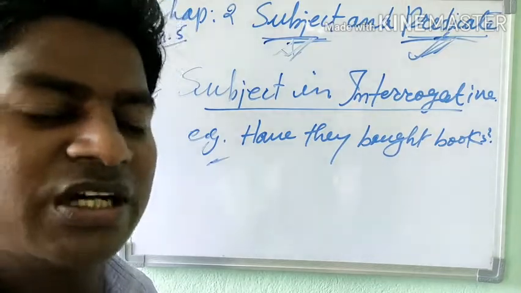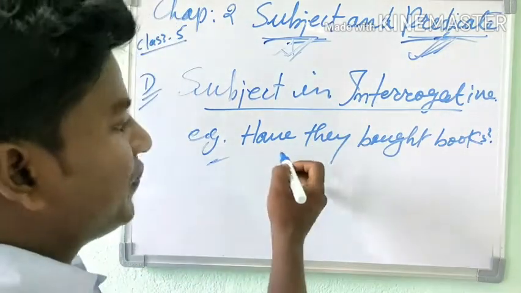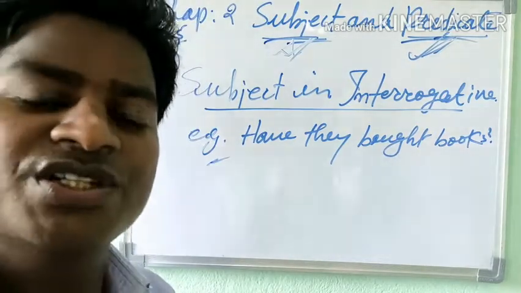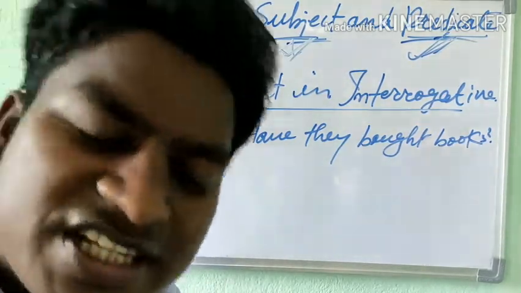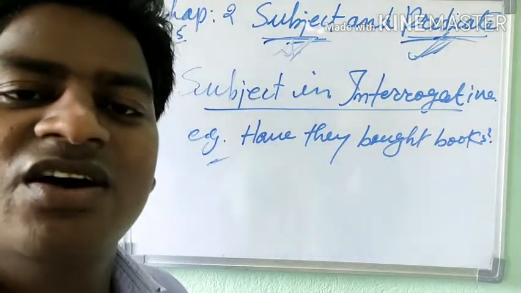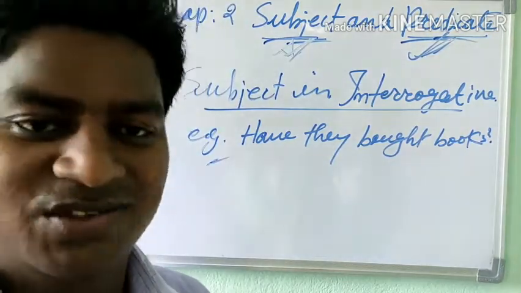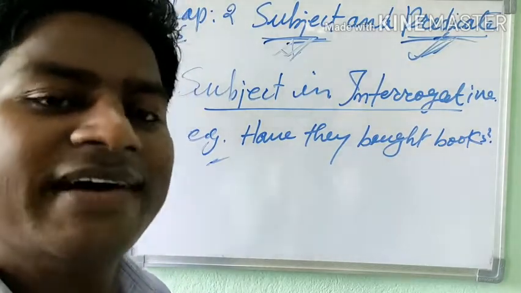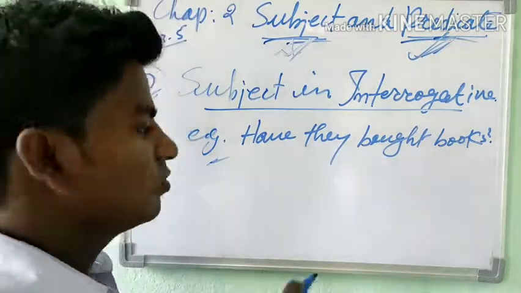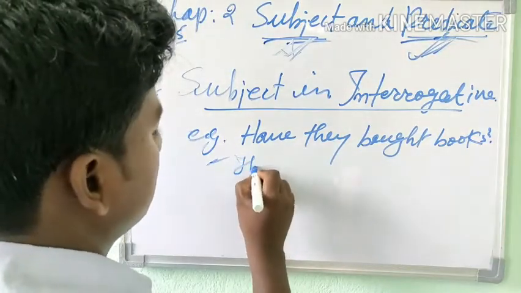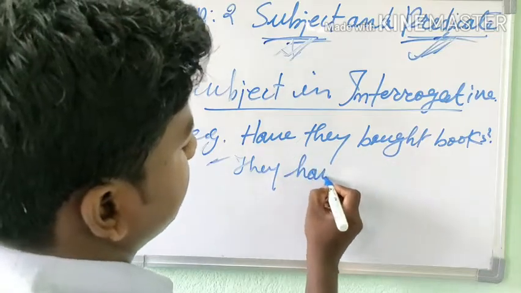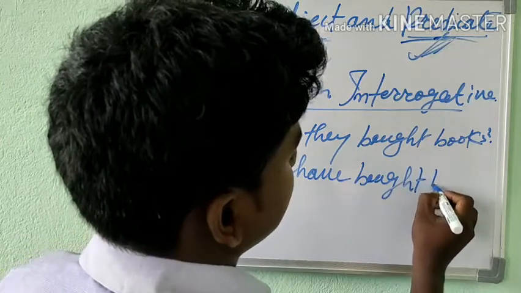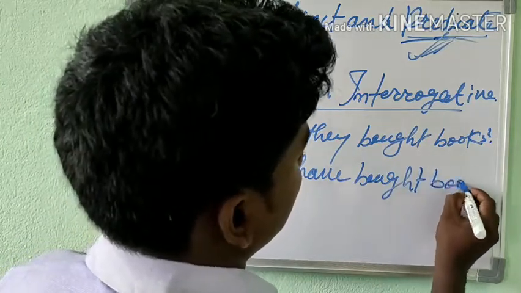So the rule is, if the sentence is interrogative, to find out the subject we have to just rearrange the order of the words in a sentence. Little bit we have to rearrange, and that is how: they have bought books.